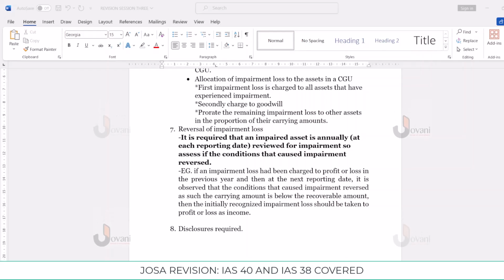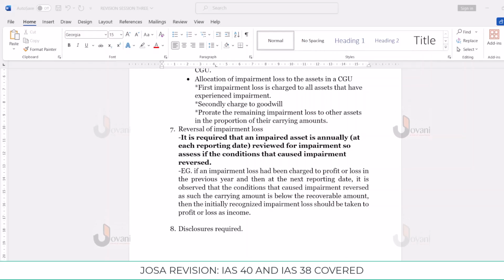All right, I get your point. But the argument is, if the impairment loss had been taken to an earlier revalued asset, meaning it had impacted the OCI, then when we are reversing, we take it to OCI and put it under revaluation reserve.